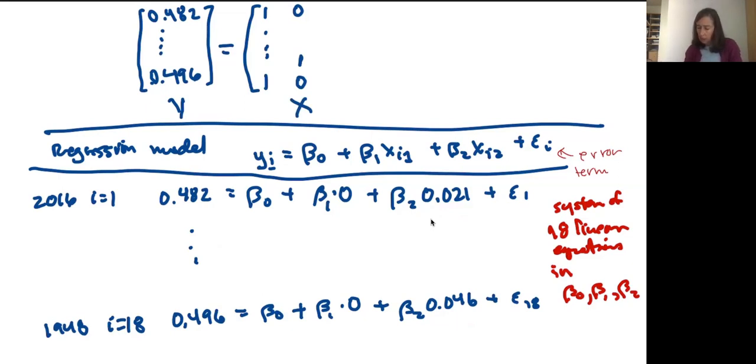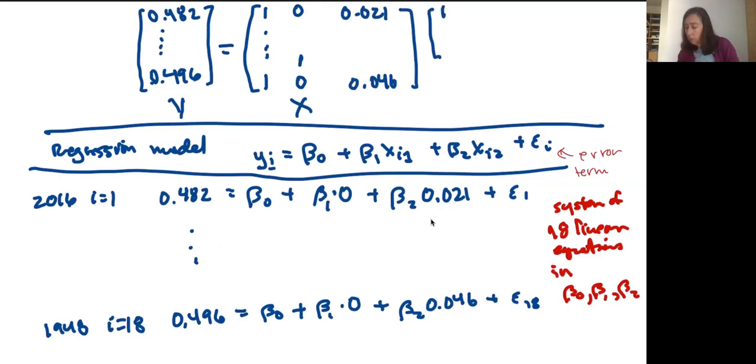So we would have 0, 0.1 here, and all the numbers that correspond to GDP growth in election years, all the way down to 1946, where it was 0.46. That's our X matrix. And then we would have a vector of the unknowns we're trying to solve for. In the first linear system, remember, it was x1, x2, x3.